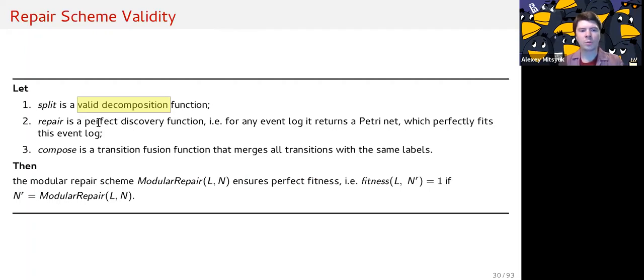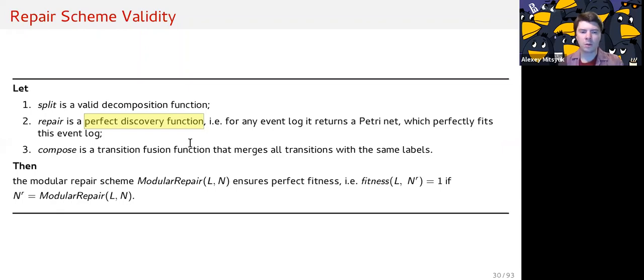For repairing these subnets, we have to apply so-called perfect discovery functions. These are discovery algorithms which can guarantee perfect fitness of the discovered model. For example, inductive miner with particular settings returns perfectly fitting models.